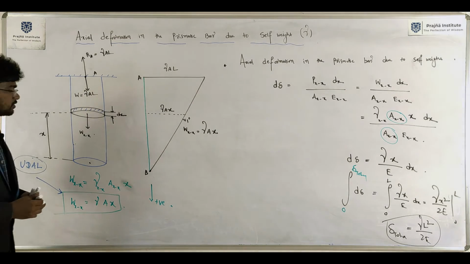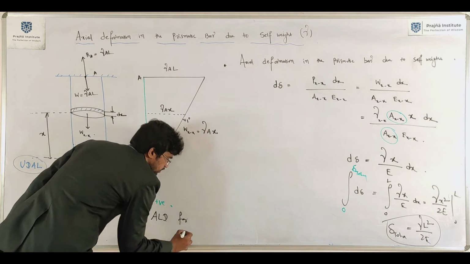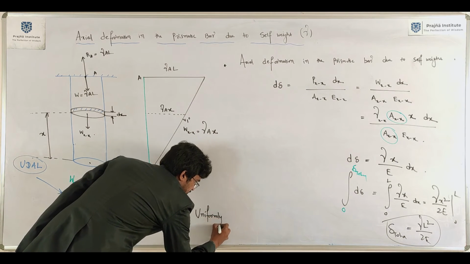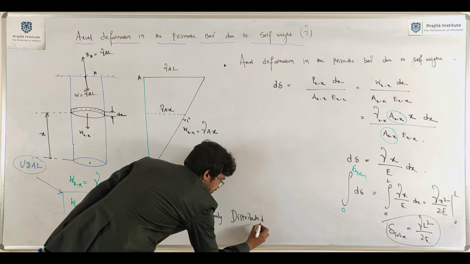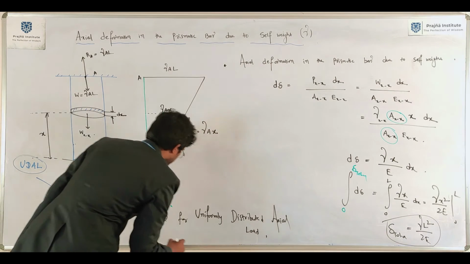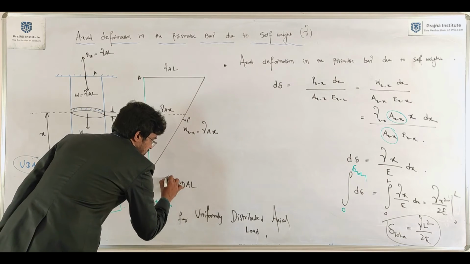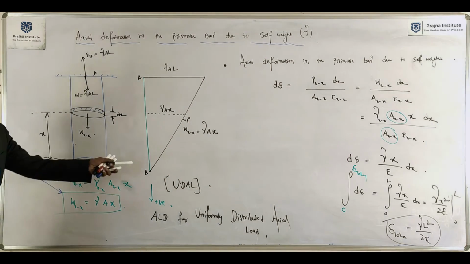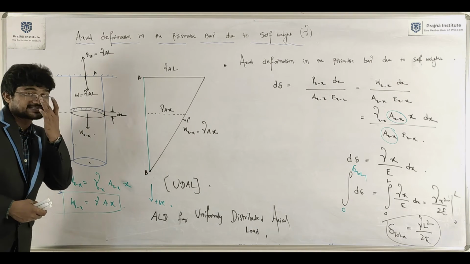So this is the way to draw the axial loading diagram for a uniformly distributed axial load. You can call it UDAL.